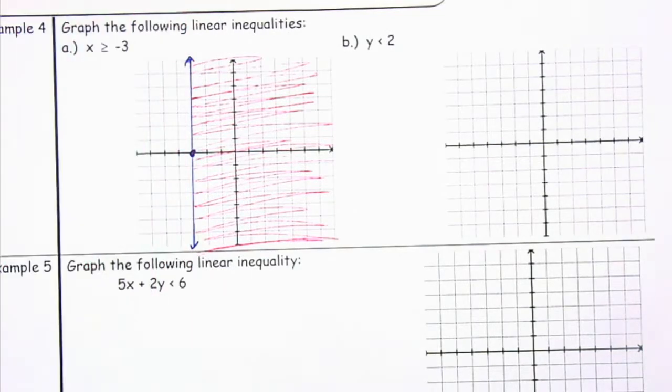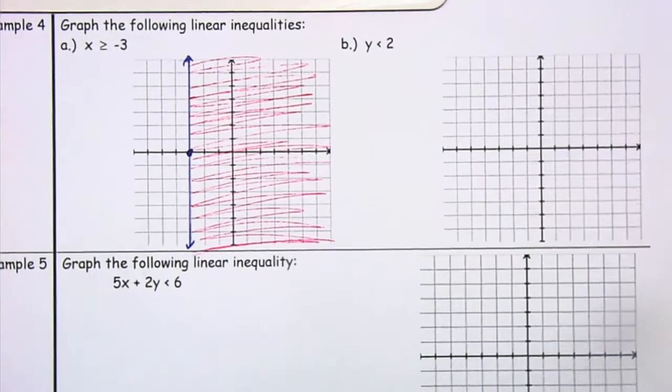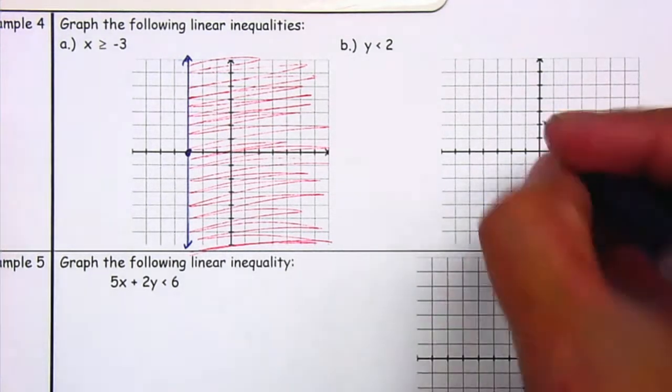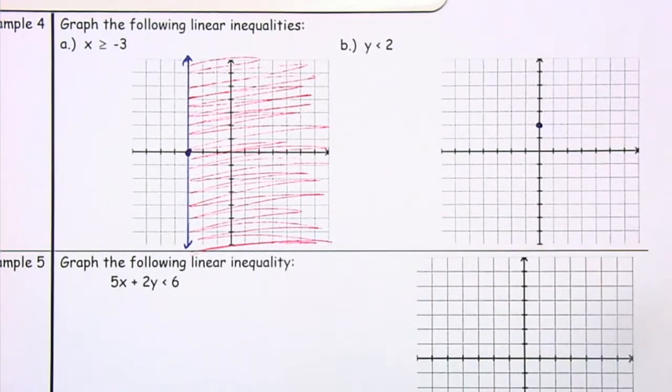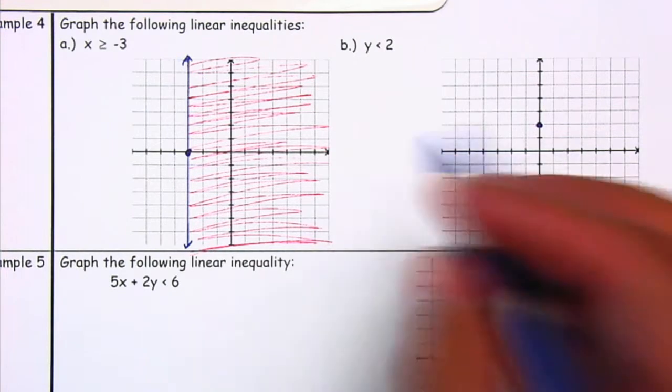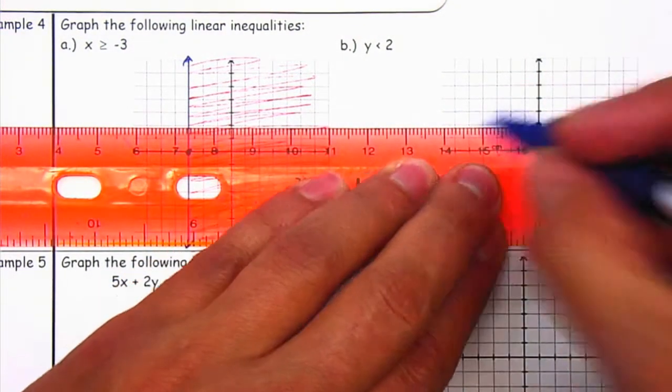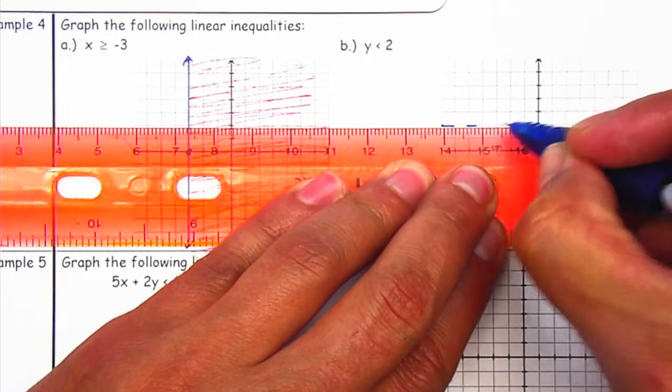Go and try letter B. Pause it and try letter B by yourselves, and then we can check. For letter B, y is less than 2, so it has to cross the y-axis at 2. That's going to be a horizontal line, and we are going to make that a dashed line because of the less than.